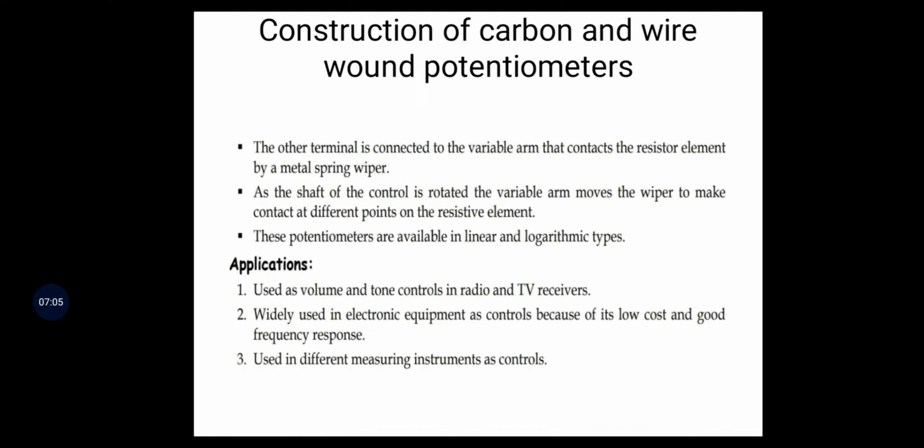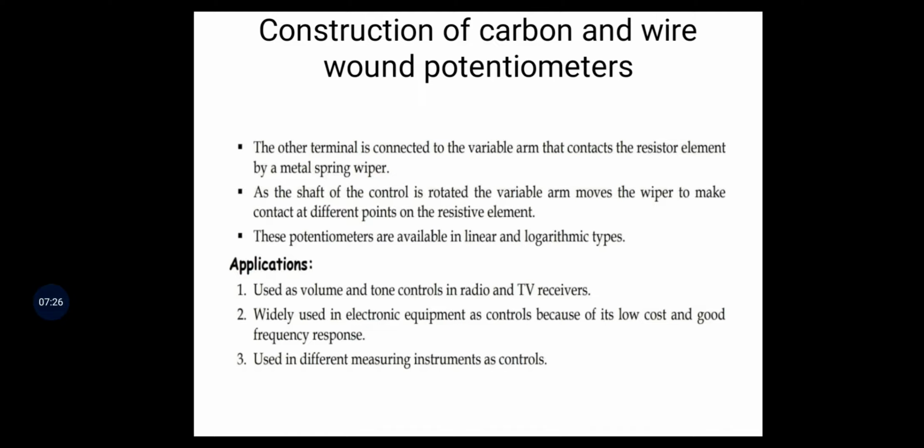These are widely used in electronic equipment as controls because of their low cost and good frequency response.